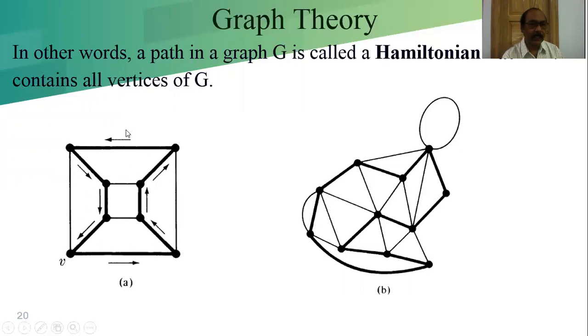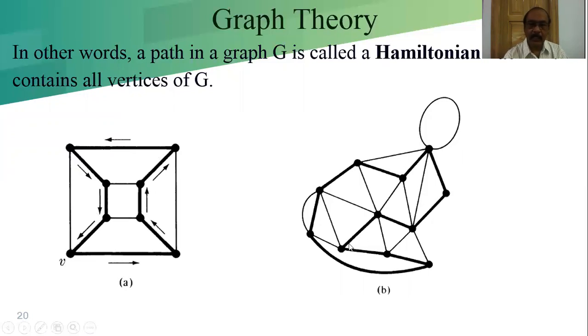If we remove this edge, that means if we start with this, it contains all the vertices of the graph, then it is a Hamiltonian path. We are coming to the next definition.